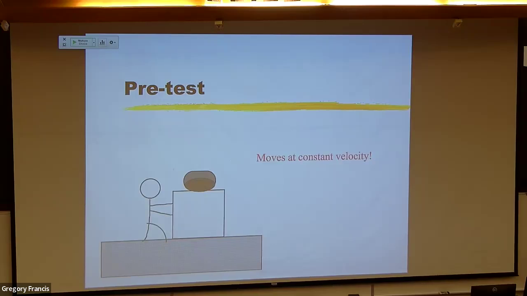Okay, on this pretest, you are pushing a wooden crate along a rough floor at constant speed in a straight line, which means constant velocity. And there's a big rock sitting on top of the crate. You need to draw the free body diagram for the crate and for the rock.